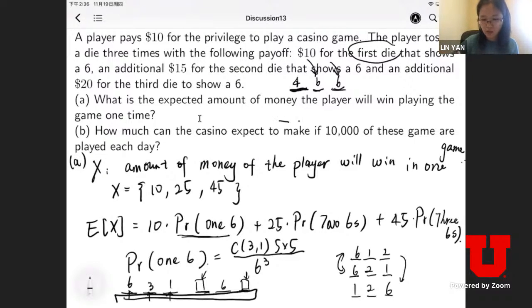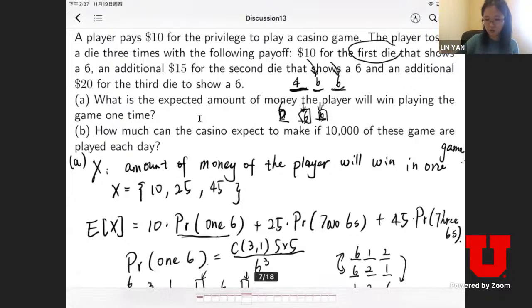Yeah, that means this 6 can be anywhere. When you get a 6, you can say this 6 is your first 6. And then if you throw again and you get another 6, you say this is the second 6 I get from the game. It does not mean that you must have the 6 in the first throw.